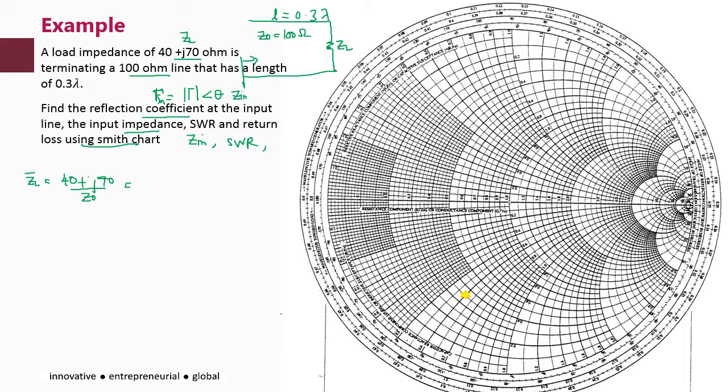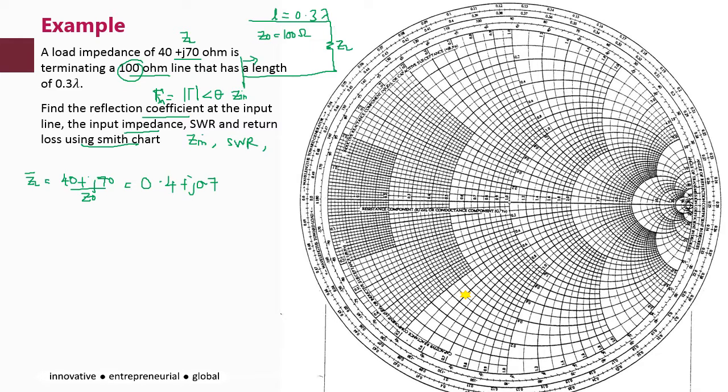Please be careful, Z0 equals 100 ohm. So you get your normalized impedance 0.4 + j0.7. Now you plot the ZL on a Smith chart.